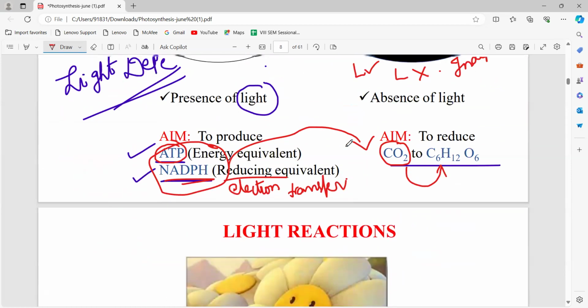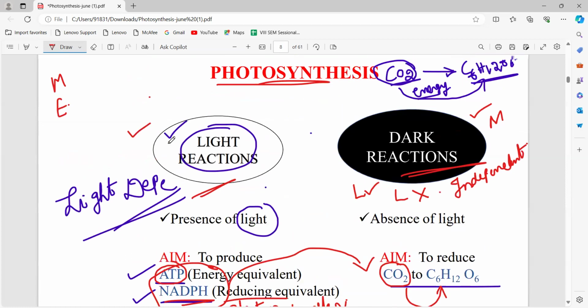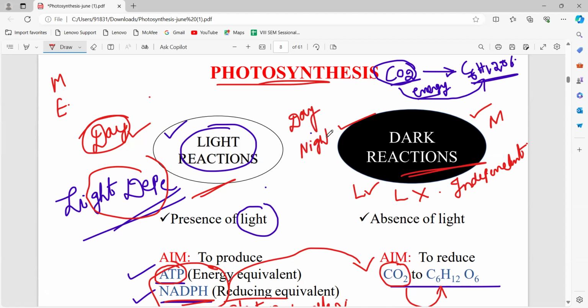Now let's understand. Again, remember my words. Light reaction is always light dependent. Since it is light dependent, when will it occur, friends? It will occur only in the daytime. Then when you look into the dark reactions, there is no requirement of the light, which means it occurs in the daytime also, it occurs in the night time also.